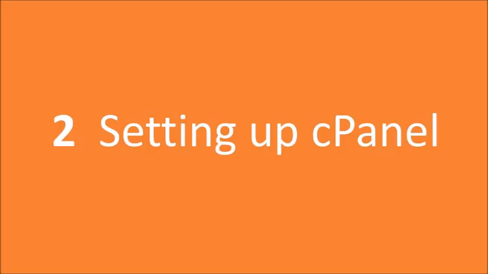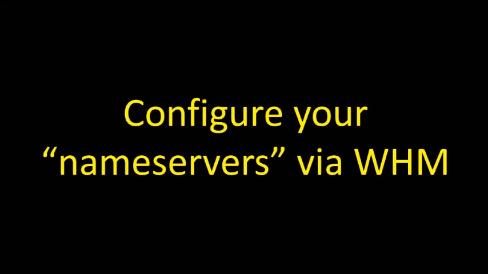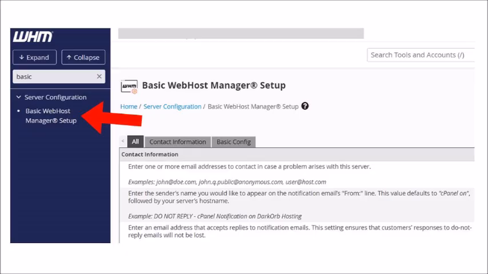First of all, setting up the cPanel, we need to create the WHM account. So using the link given by your hosting provider, log in to your WHM account with your user and your password. Then follow the prompts to create your account. Then if you need to configure other name servers, navigate to the basic web host manager setup page.